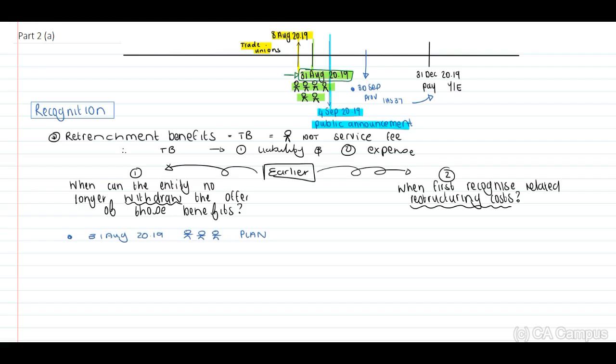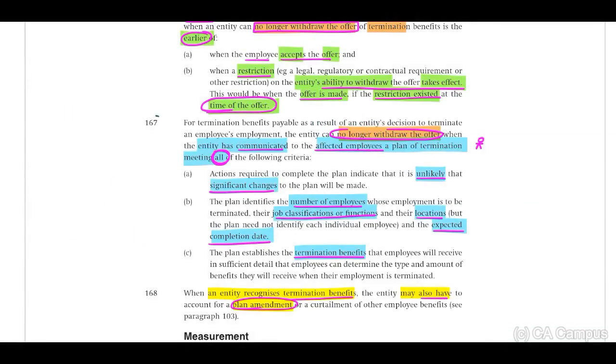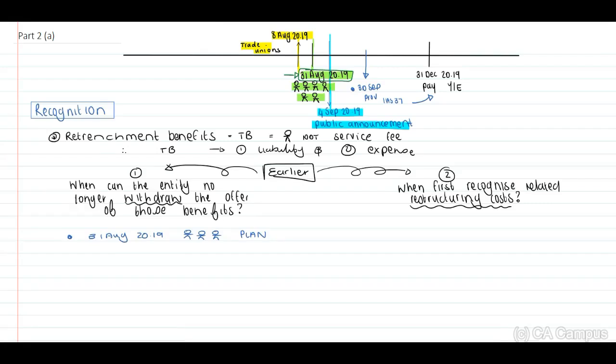Now, remember, if we refer to our theory, paragraph 169, we need to discuss the fact that it is unlikely that there will be any changes made. Therefore, when you look at the scenario provided, we know they've already communicated, they've already indicated to the public.